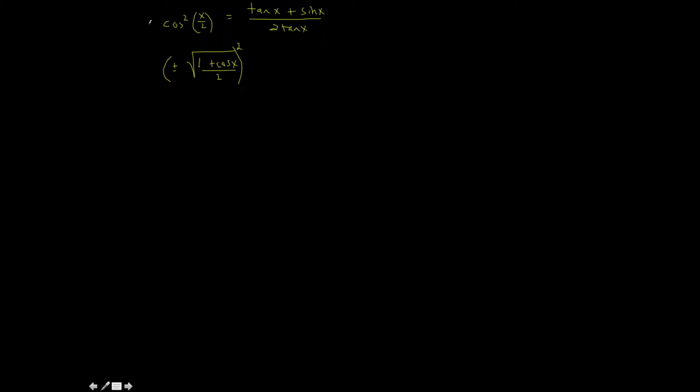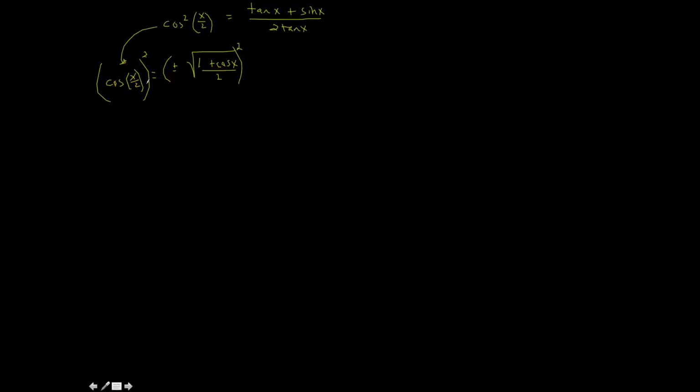So basically what I did is I took this and I rewrote it as the cosine of x over 2 squared, which equals that. Now, cosine of x over 2 is plus or minus the square root of 1 plus cosine x over 2. So you can rewrite it like that very easily.